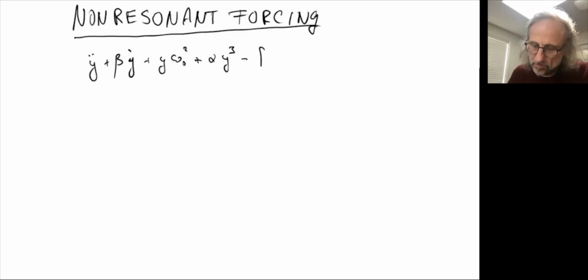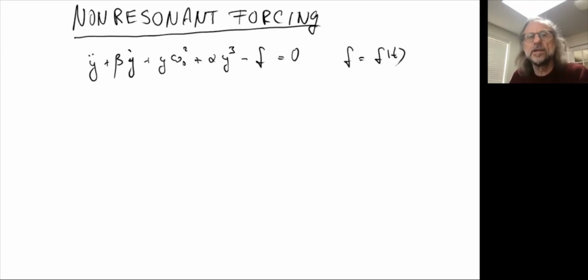So f of t is our forcing. And the question is, how do we now incorporate that into our analysis, that there's this forcing term? Of course, we expand in y, but what about the f part?